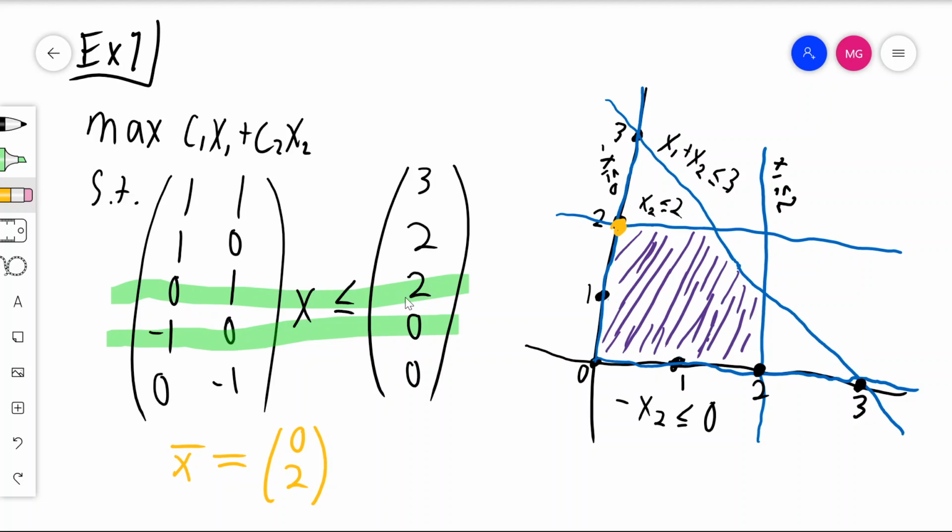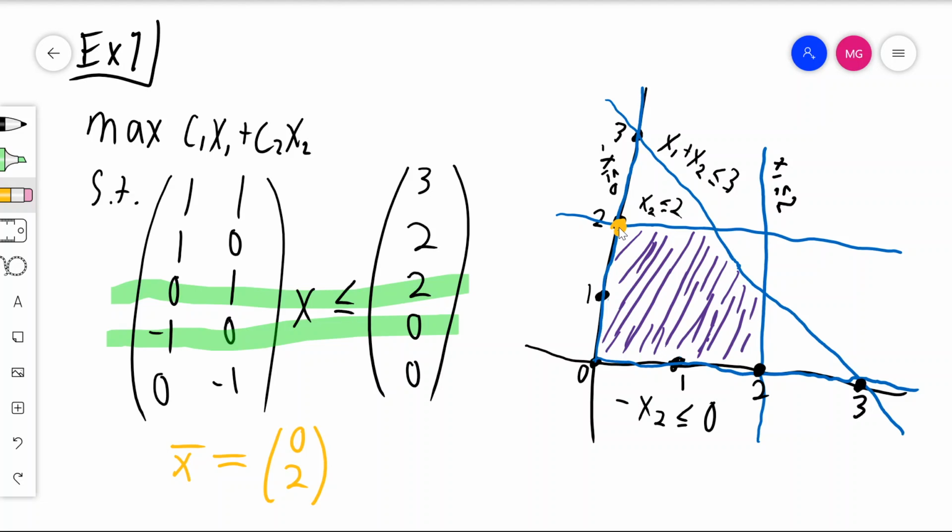This yellow point lies in the feasible region, but it lies on two hyperplanes specifically: this leftmost vertical line and this upper horizontal line. Because it lies on both of those hyperplanes, both of the corresponding constraints are tight.